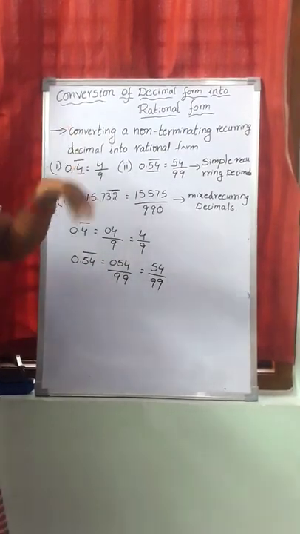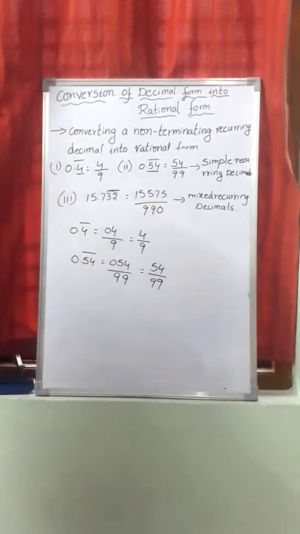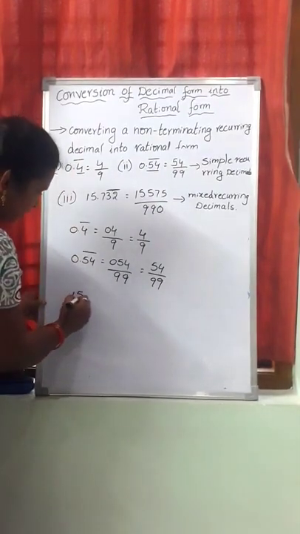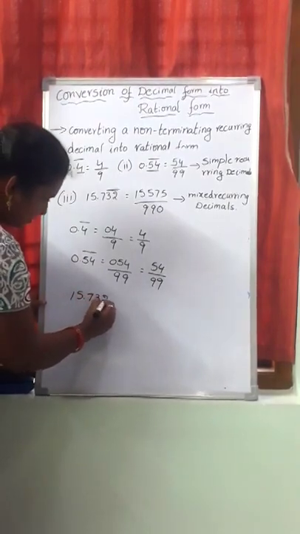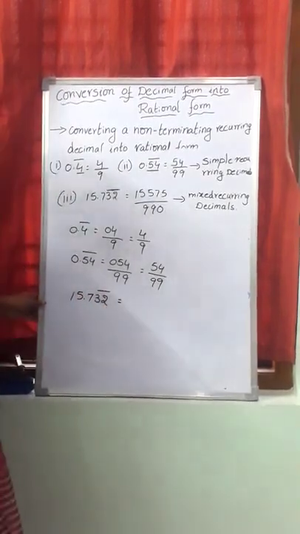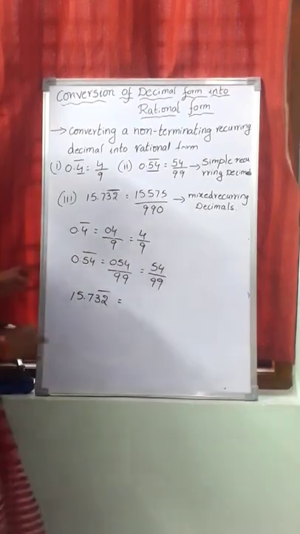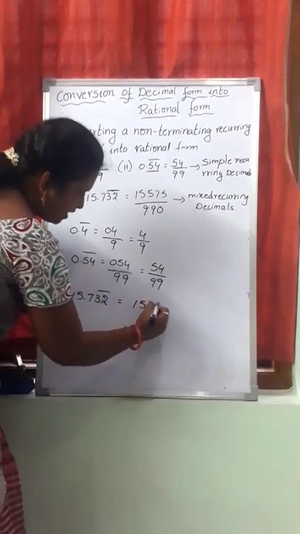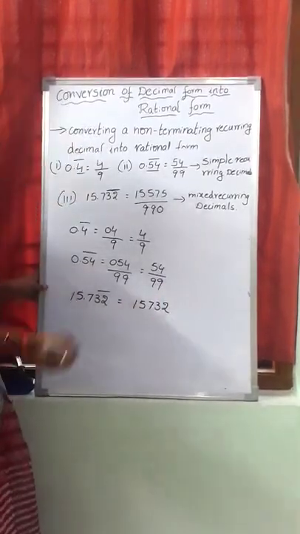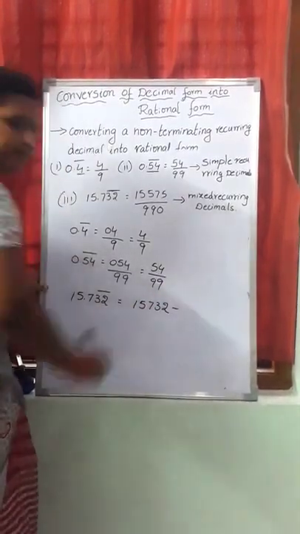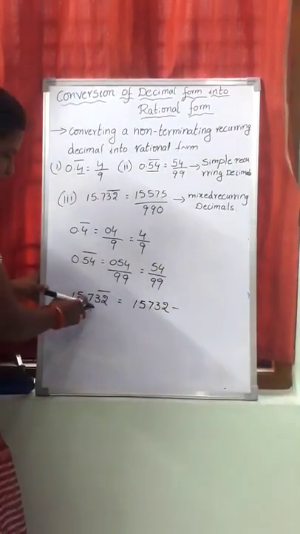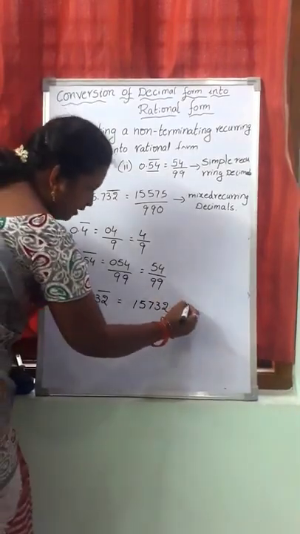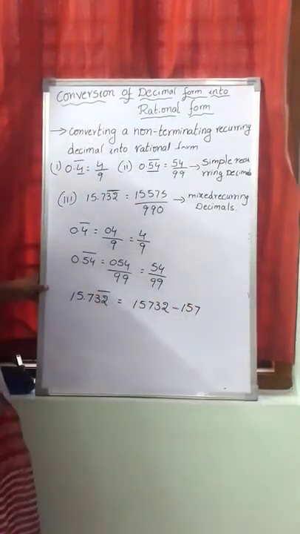Okay, now how to convert a mixed recurring decimal in the simplest form? See this one, 15.732 bar. First of all, remove the decimal and also the bar. Write the number as it is, 15732, and you have to subtract the part of the number which is not recurring, that means 157.